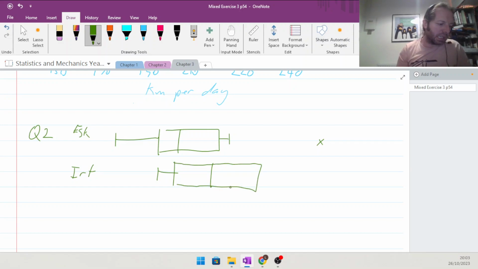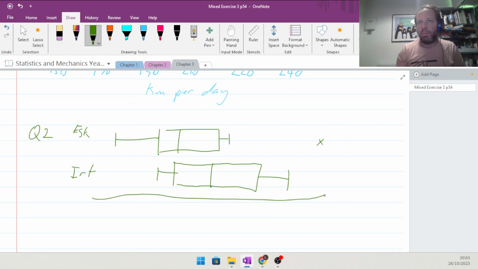They have their scales running along the bottom. This one starts at 30, and this is 25%, 50, 75, and then 100, and then you've got your outliers.